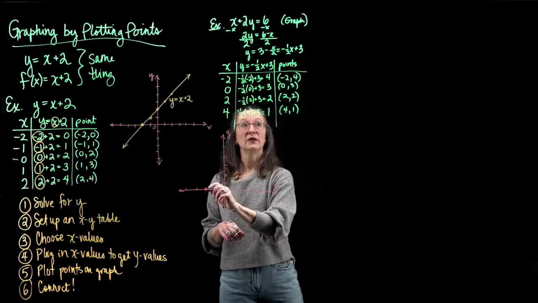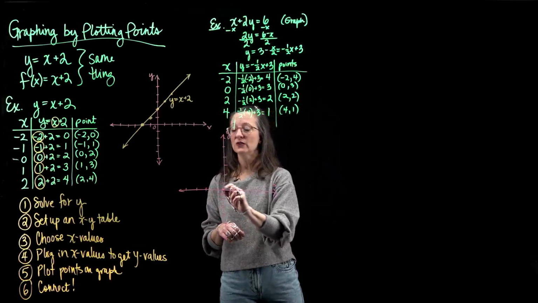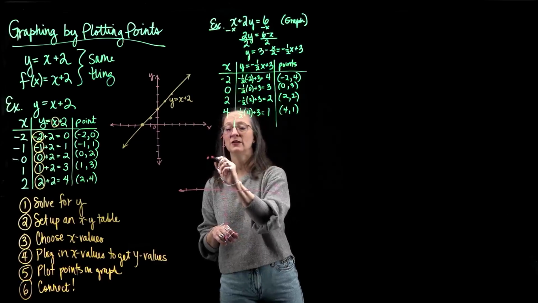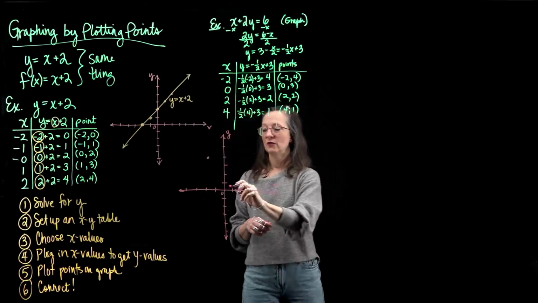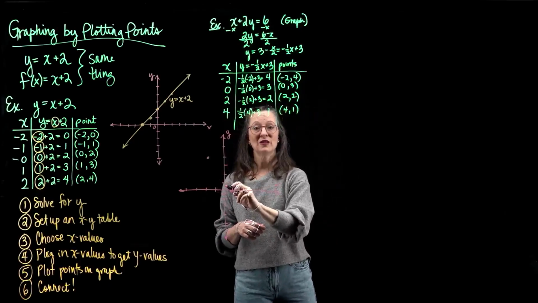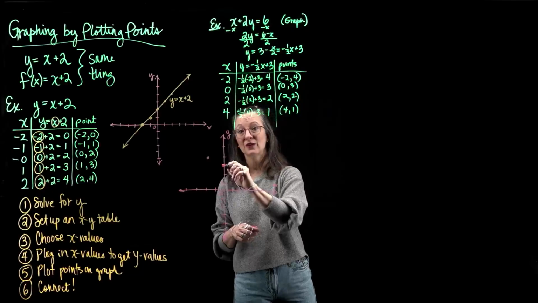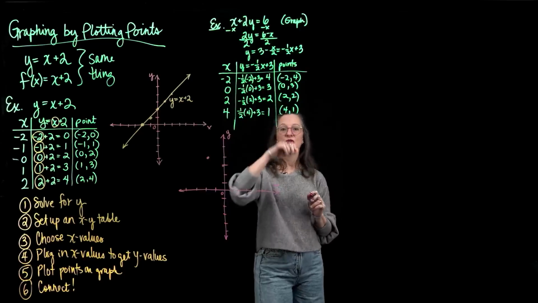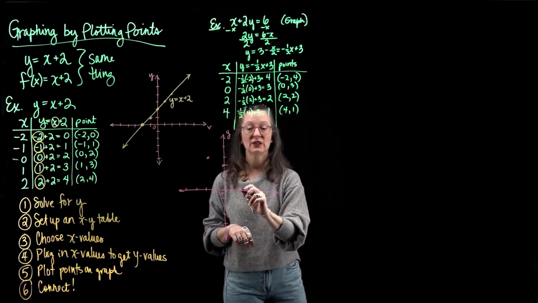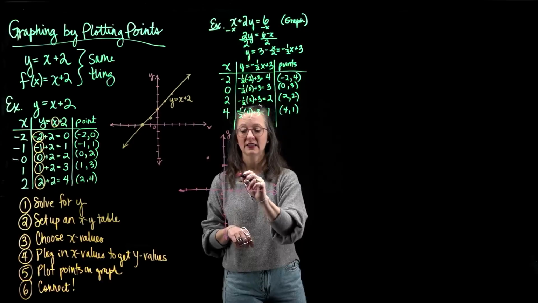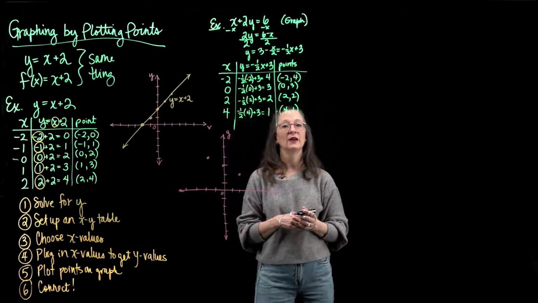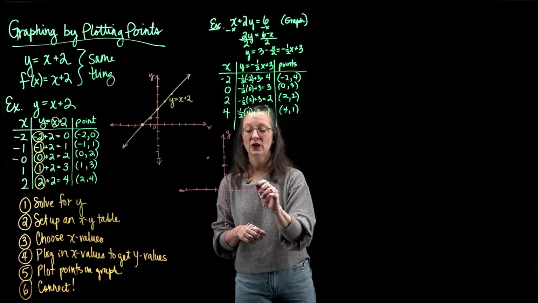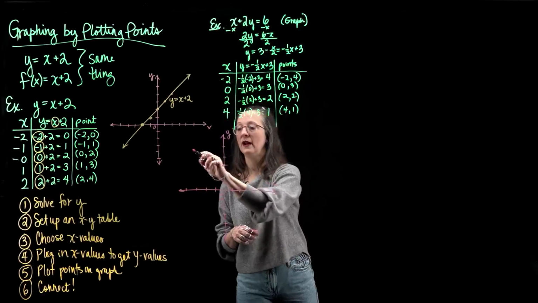So my first one is negative 2, 4, so negative 2 in the x direction, 4 in the y direction. 0, 3, so no movement in the x direction, 3 in the y. 2, 2, so 2 units to the right on the x-axis and 2 units up on the y. And then 4, 1, so 4 to the right and 1 up.